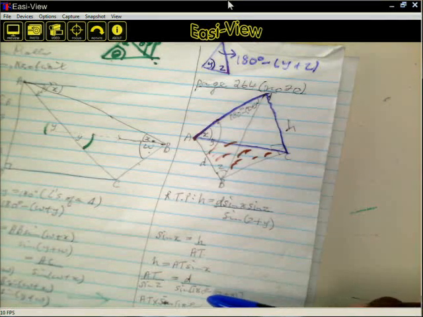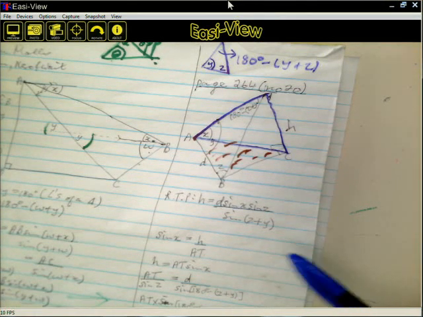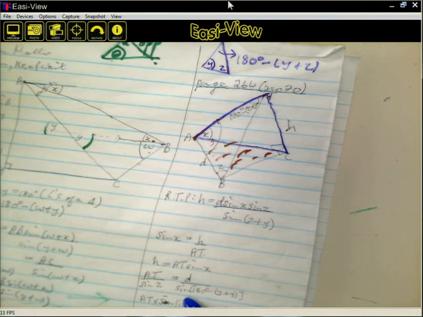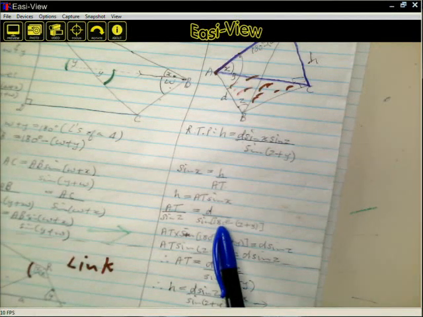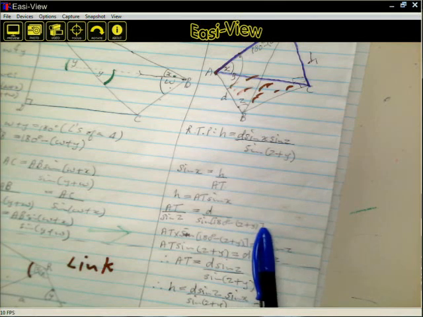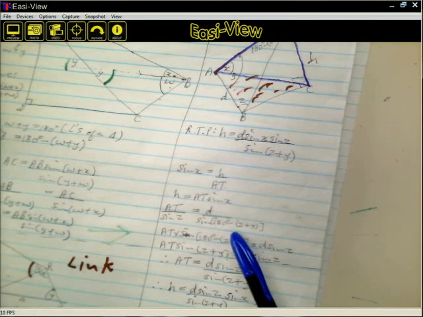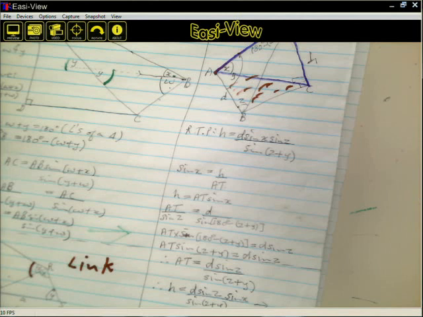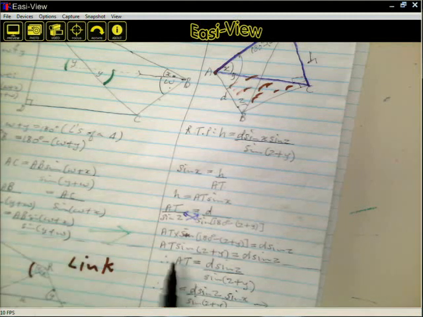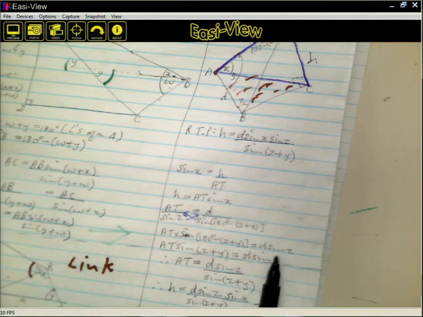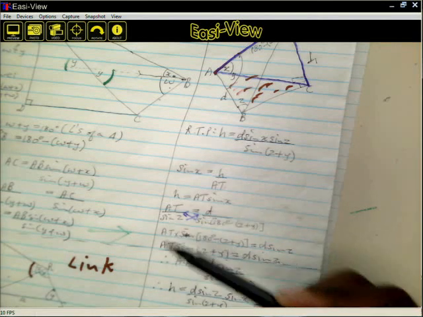Here I indicated it correctly. First, I didn't just go straight to sine z plus y. I indicated it as sine 180 minus z plus y. From which, if you cross multiply, I tried to be systematic here, we have AT sine 180 minus z plus y is equal to d sine z.